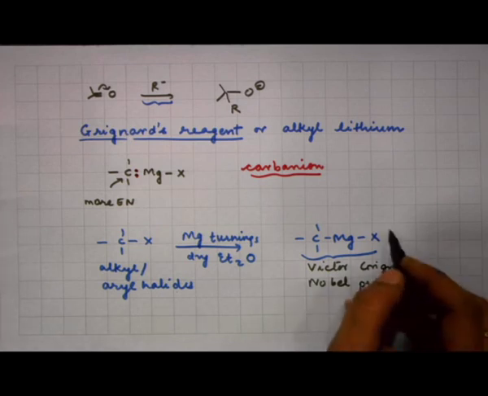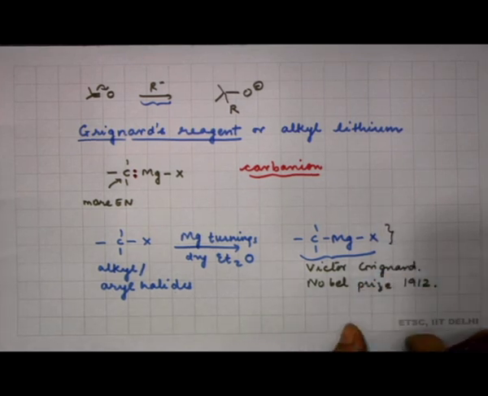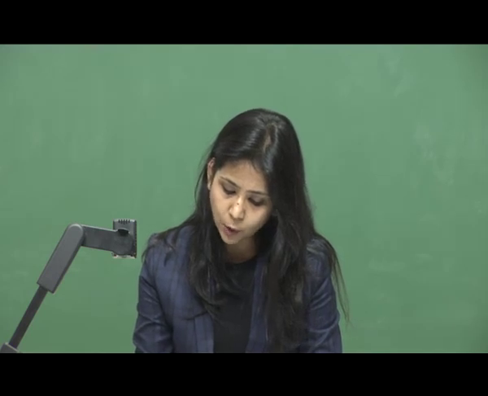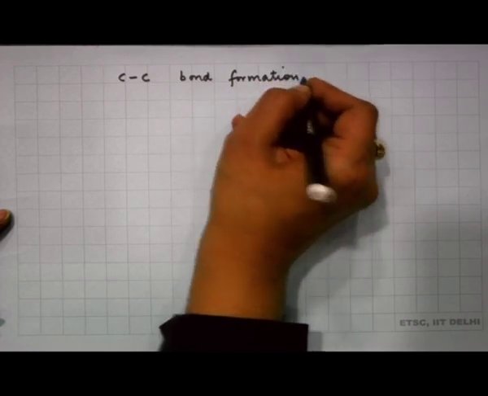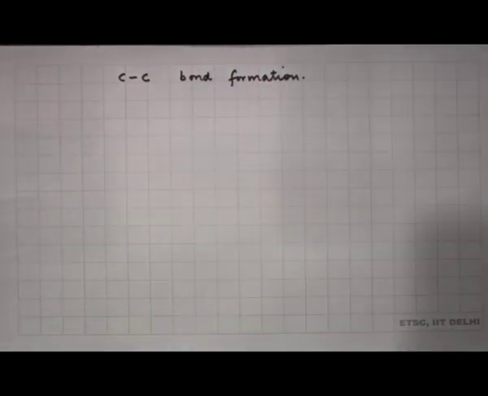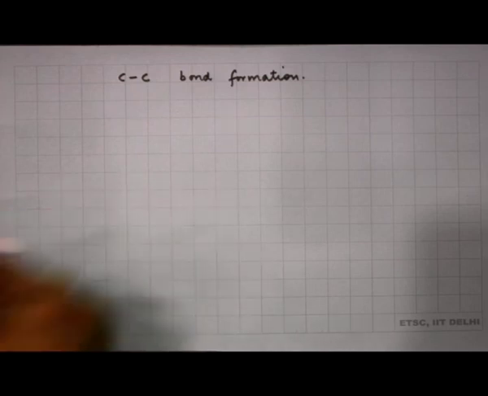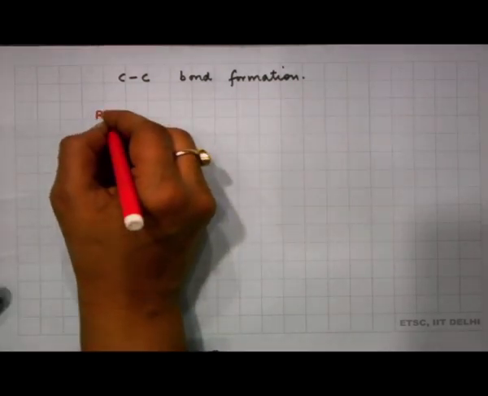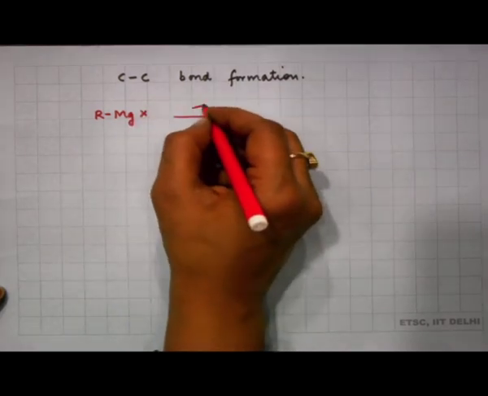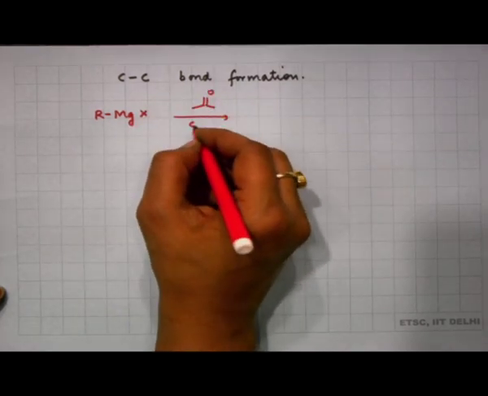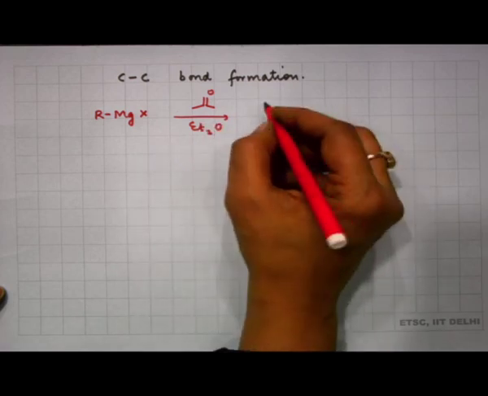Okay, so, we are going to make use of this as the reagent for reducing our carbonyl compounds to the corresponding alcohol. So, these are very powerful reagents for making the carbon-carbon bond. So, carbon-carbon bond formation with the help of the Grignard's reagent is a very, very useful strategy in organic synthesis. You start with the Grignard reagent, treat it with the carbonyl in dry ether.